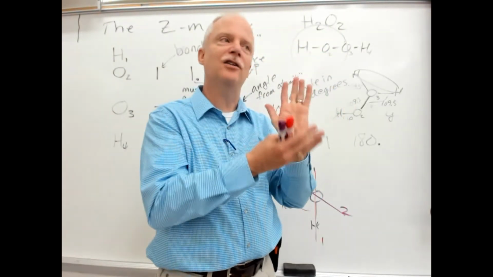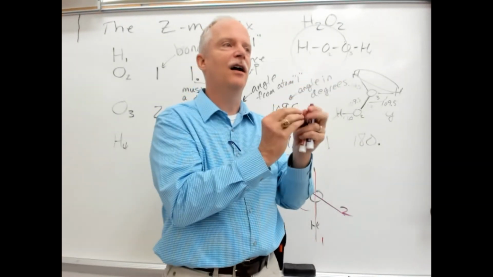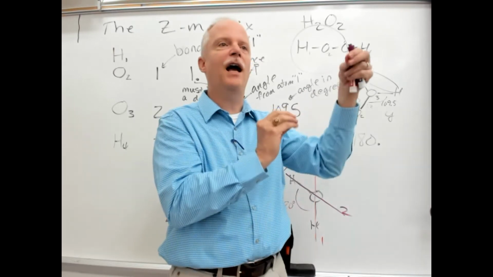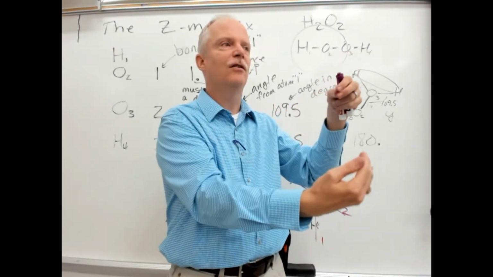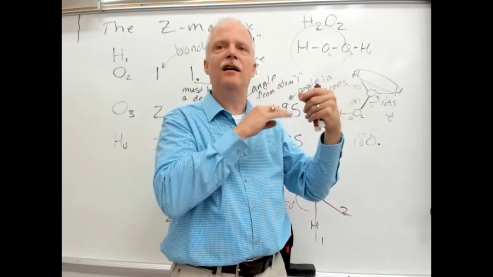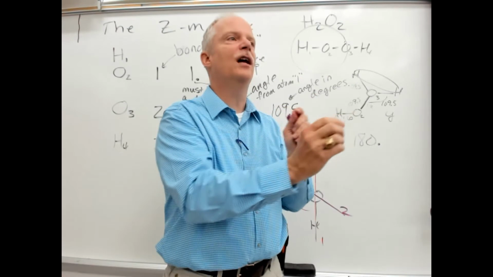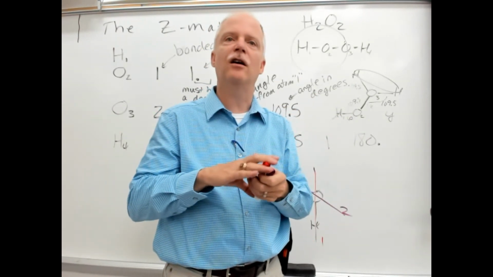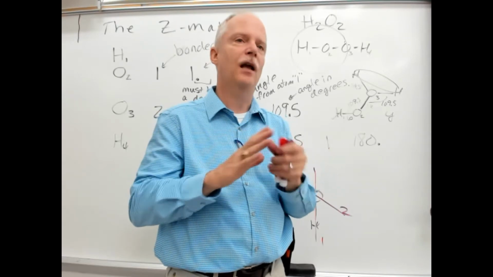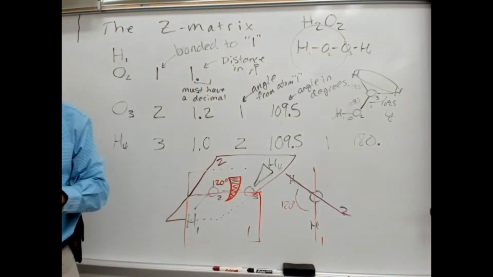And I've got to do all kinds of trig, right? Cosine of this, sine of that, try to figure out if I want to extend it 1 angstrom, I've got the cosine of that angle times X and the sine times Y or whatever to get the distance that I need to move in X and Y. What a pain that would be. Really total pain. So working in Cartesian coordinates is no fun at all. So that's why the Z matrix is really very nice.